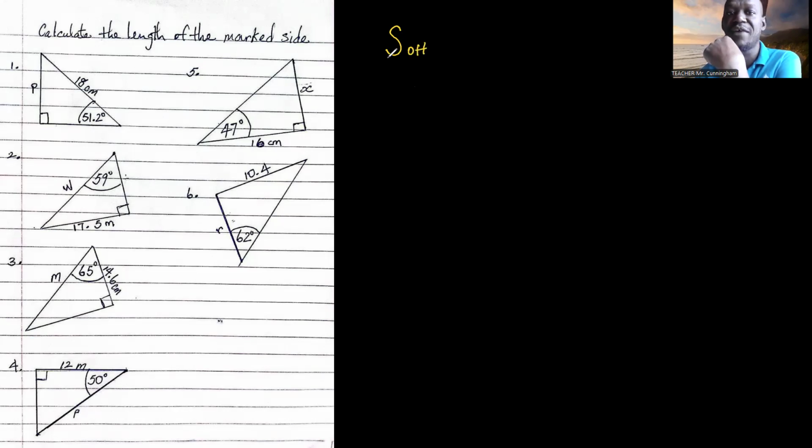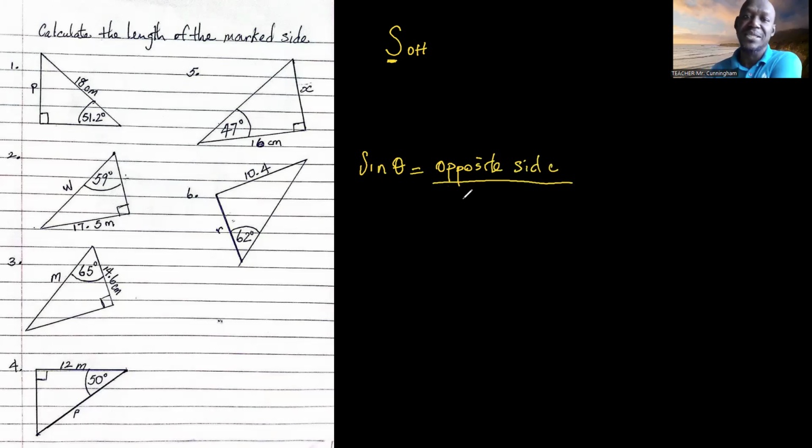So that's why we have S, because that's sine. It means sine of the angle is equal to the opposite side, the side that is opposite the angle, over the hypotenuse.